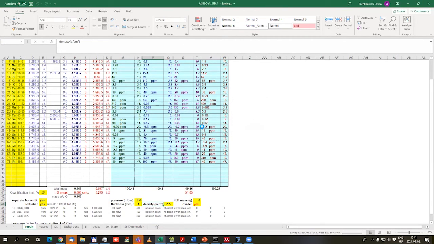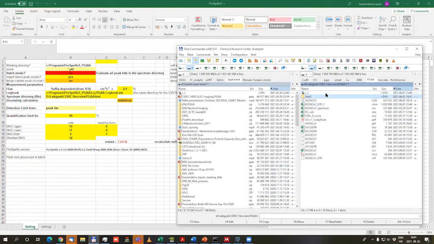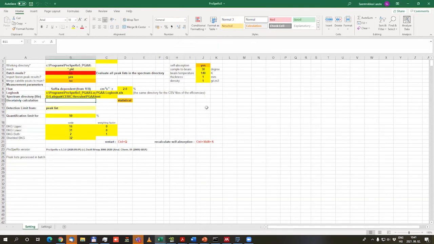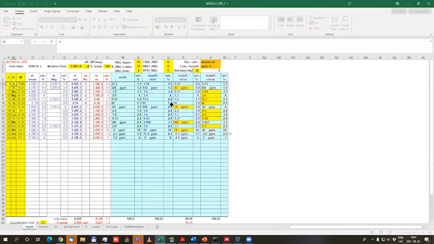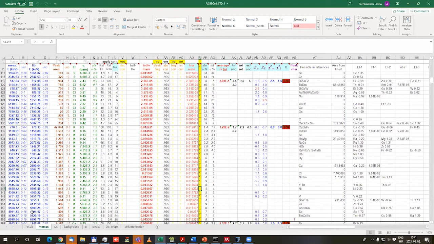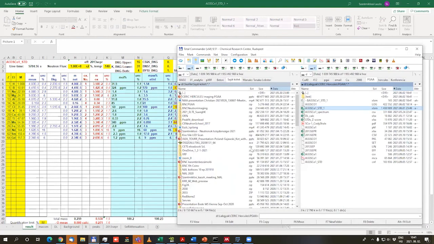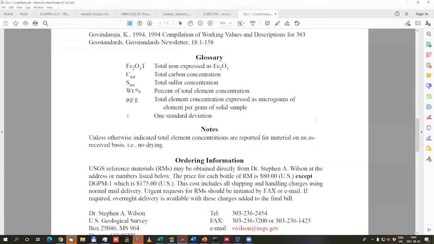Now the results are recomputed for the self-absorption matrix correction. And I have here another version of this same table where I already did revision of these analytical lines, and I also copy pasted the certificate of this material.